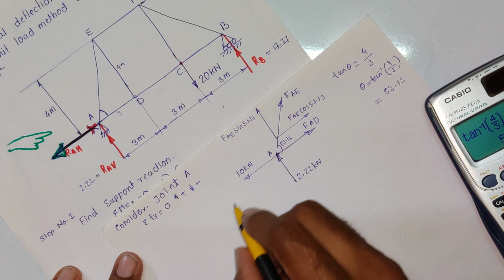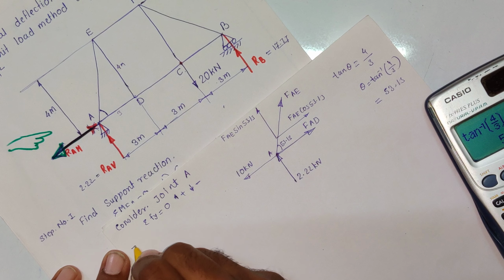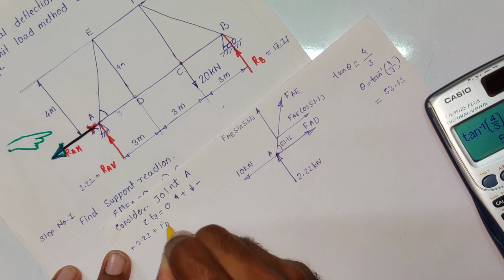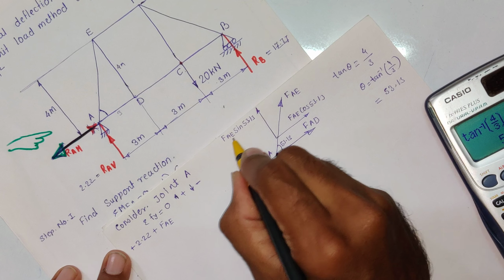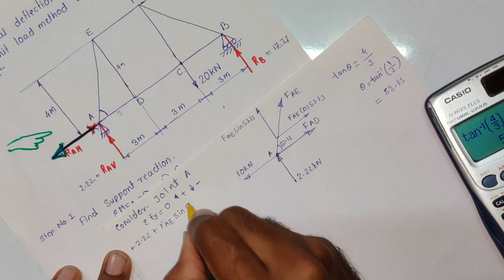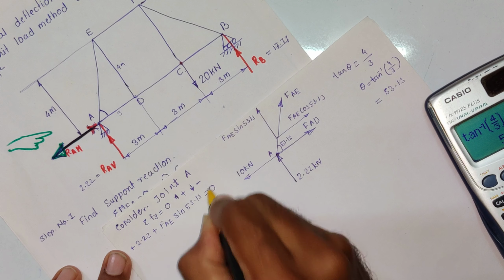Summation of Fy, that is upward, as you can see, plus 2.22 plus FE sine 53.13 is equal to 0.